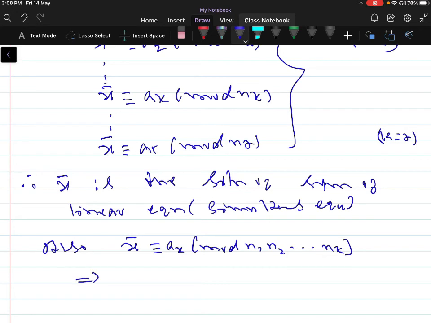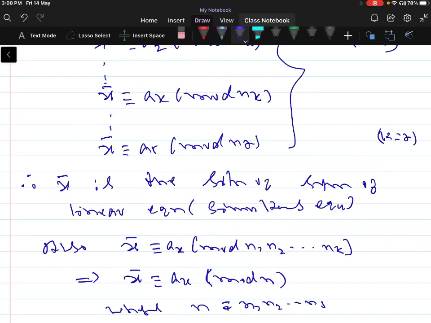So this implies x bar is congruent to ak modulo n, where n is equal to n1 n2 and so on nr.